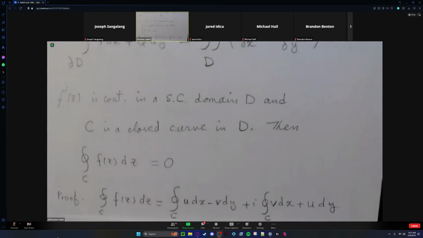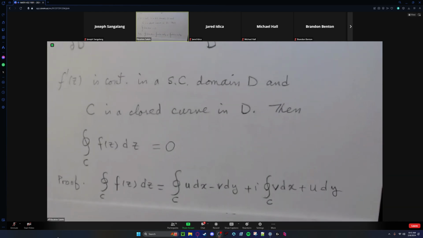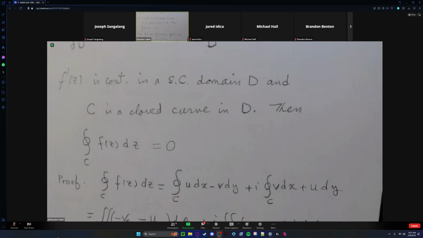After writing f as u plus iv, dz as dx plus i dy, and multiplying out, since the function has a derivative, is analytic, we are going to use Green's theorem. And Green's theorem converts this and this to double integration.